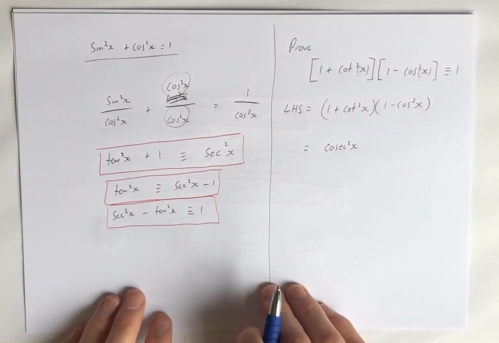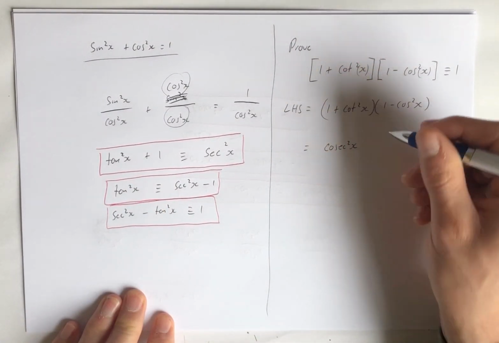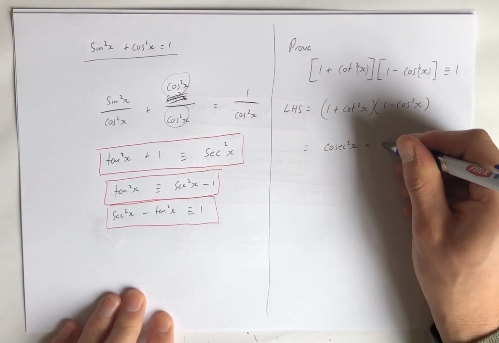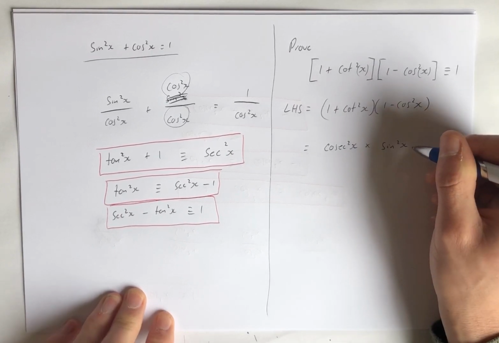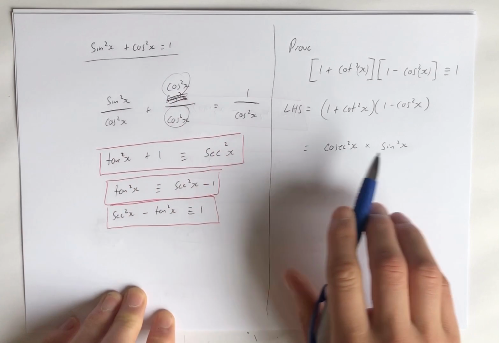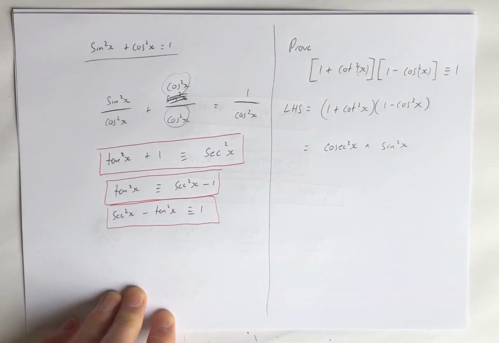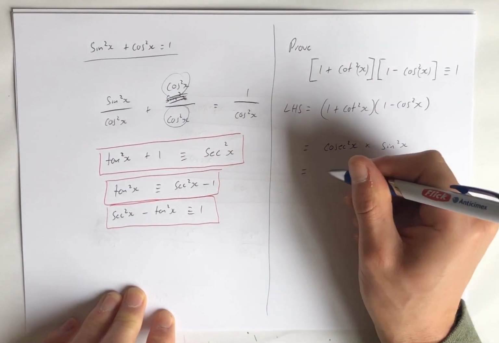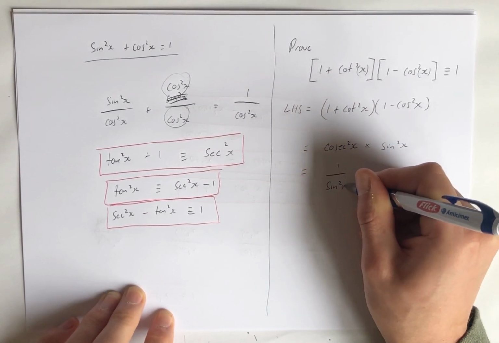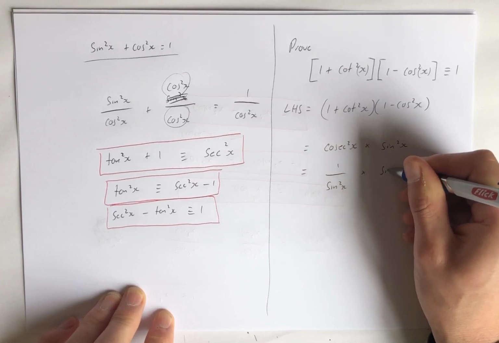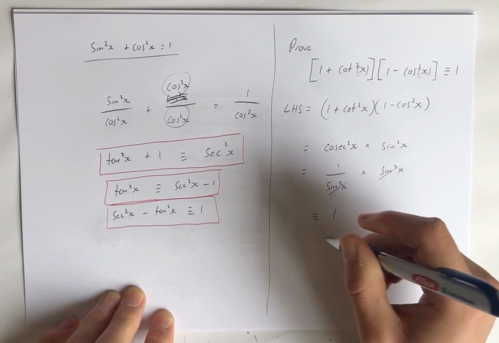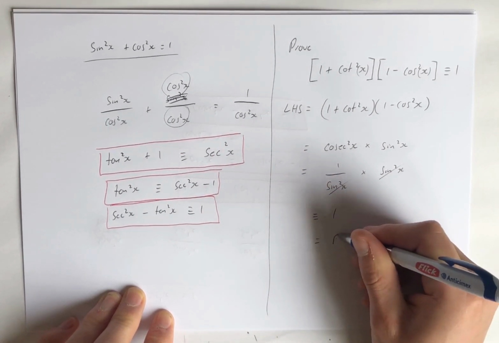Yeah, so that equals this thing here. And this here, 1 minus cosine squared, well, that was sine squared x, isn't it? That's just from this one. Notice if I did 1 minus that, I had sine squared. So it's just a rearrangement of some of those identities. Well, that's going to be 1 over sine squared x times sine squared x. And so that's equivalent to 1, which equals the right hand side.